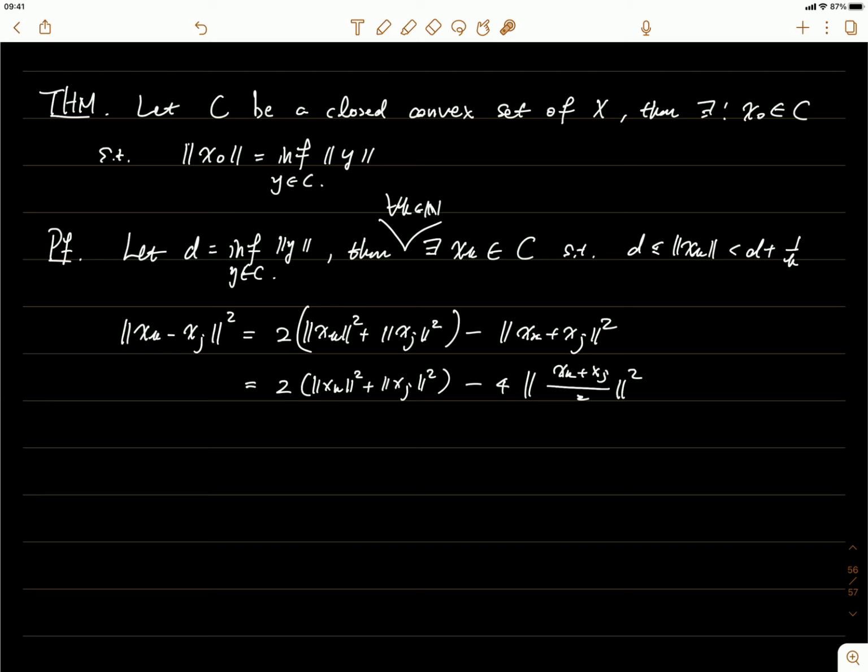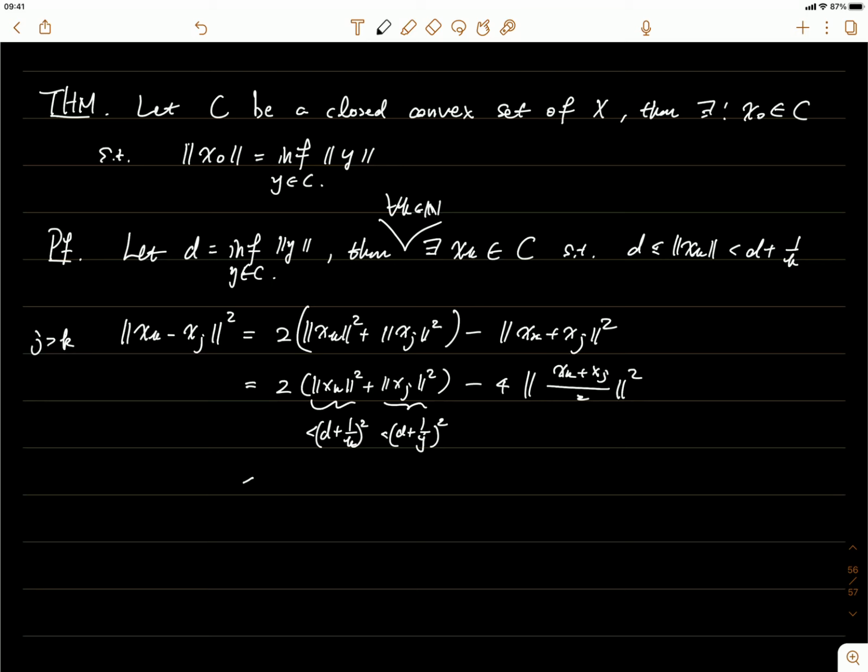So I have this. I know that the first term here is less than (D plus 1 over k) squared. The second term is less than (D plus 1 over j) squared. Let's say that j is bigger than k.